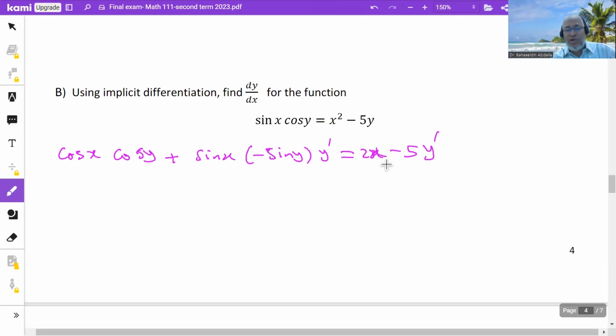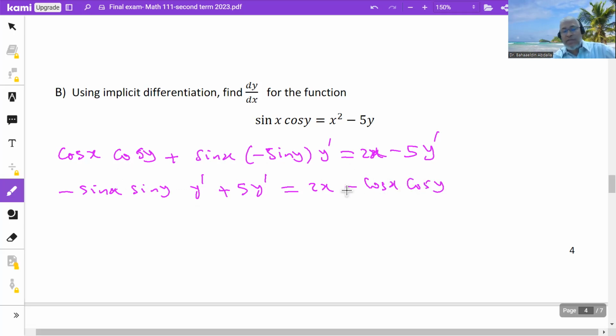And now we need to solve the equation for y prime. So I'll keep this term here, negative sine x sine y times y prime, and I'll bring the 5y prime here to this side, and I'll take this term cosine x cosine y to the right-hand side. And now I take y prime as a common factor.